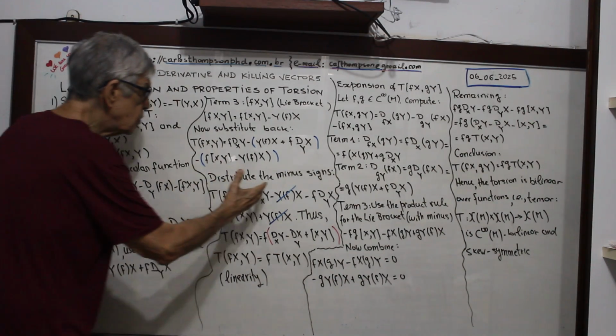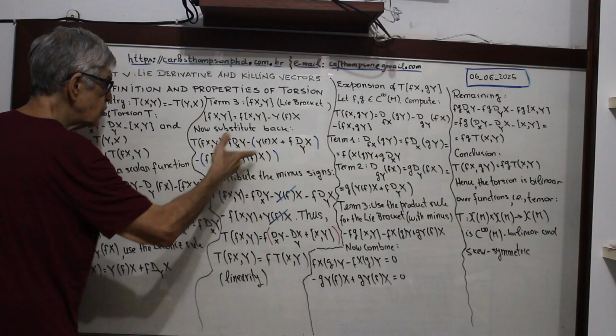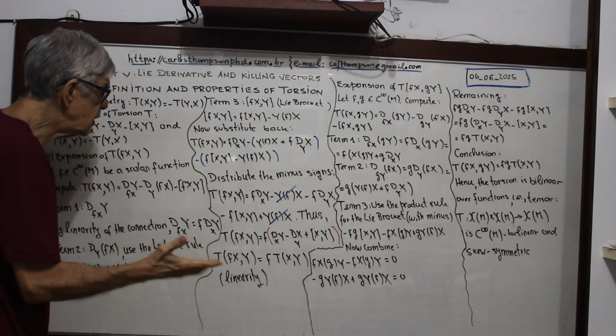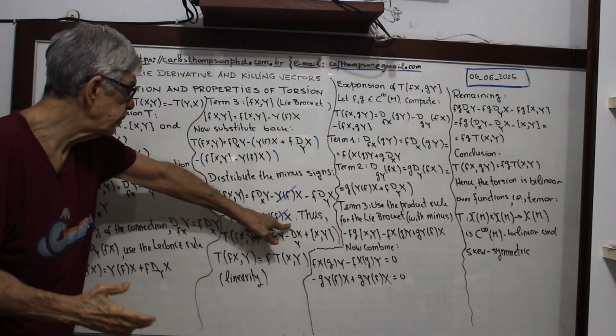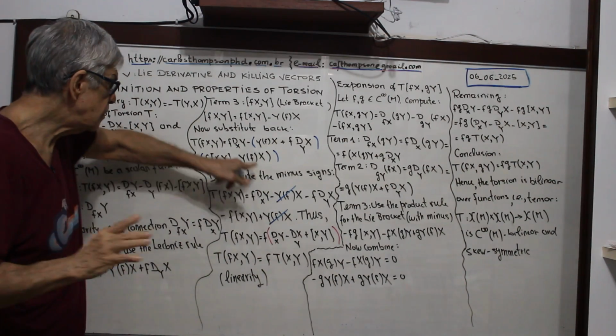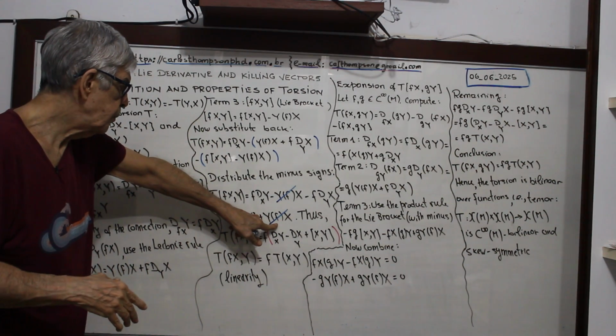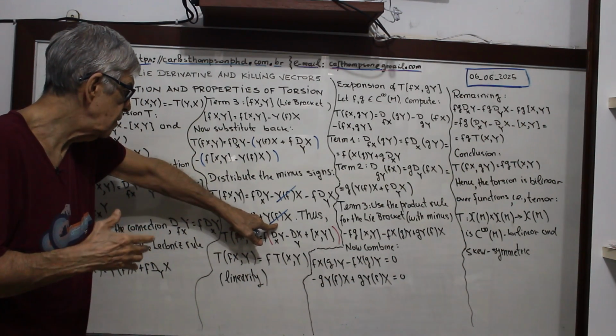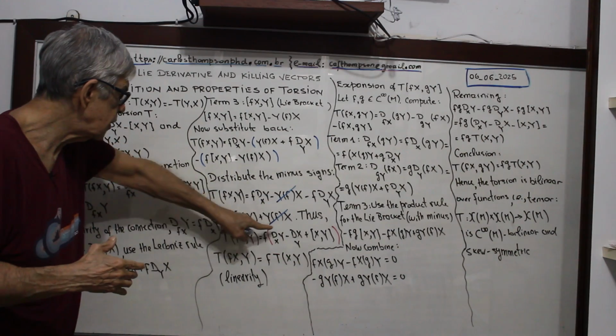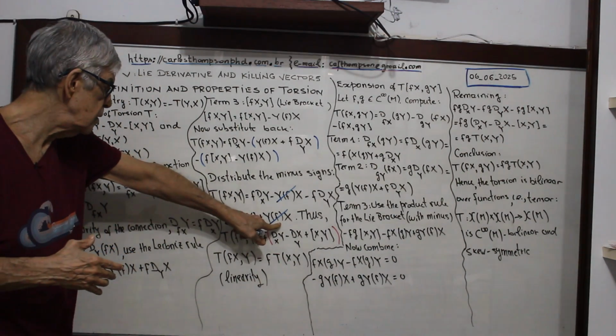So now distribute the minus sign. You see that you distribute here. This leads to this expression here. Please write and see it. There is no question. Now this term here cancels with this term over here.